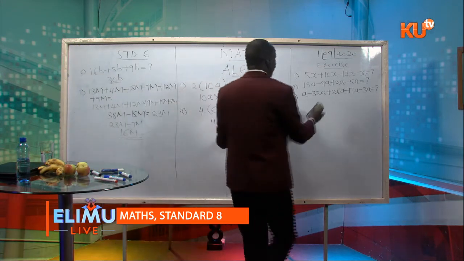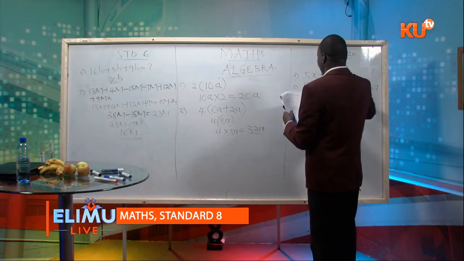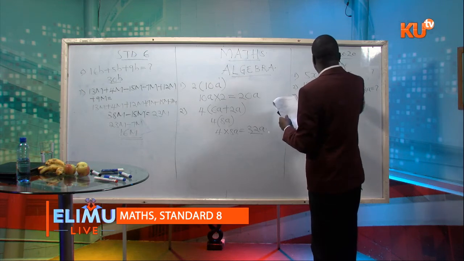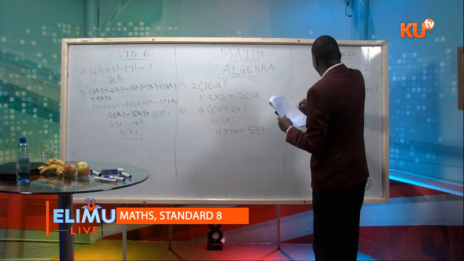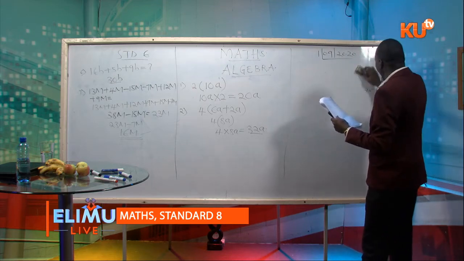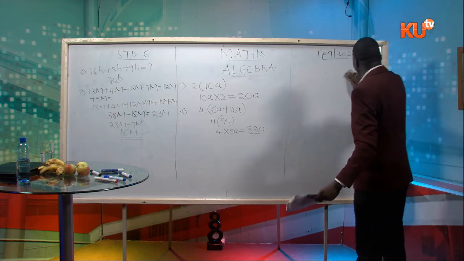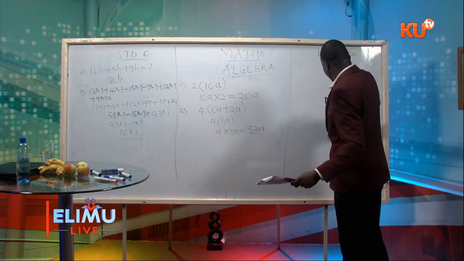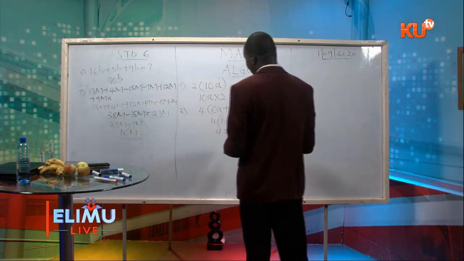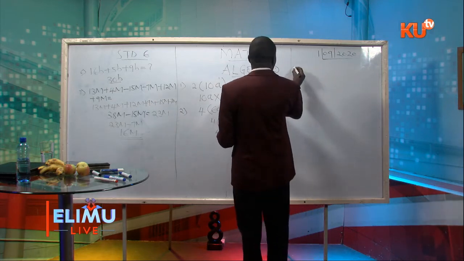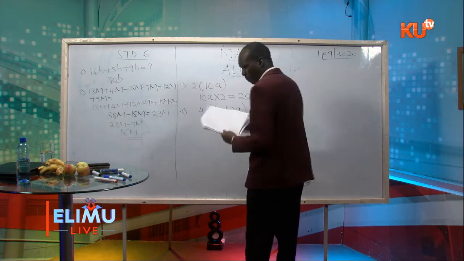Okay. We are using the brackets in algebraic expressions. We have said we multiply what is in the brackets with what is outside the brackets. That means we move on to our next example.